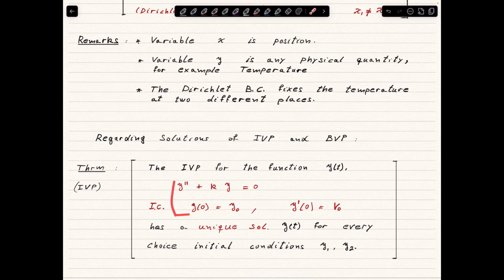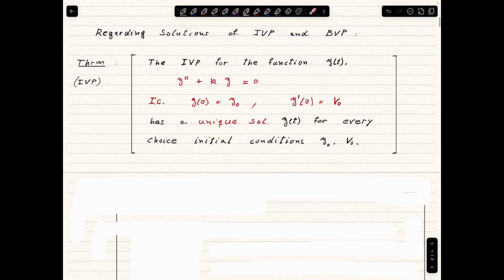Well, this problem we have seen many times that it has a unique solution, the function position, a function of time, for every choice of the initial conditions, which are now called differently. Now they are called initial position and initial velocity. No matter what initial position and initial velocity you choose, you always get one motion for the spring. So that is what we knew.